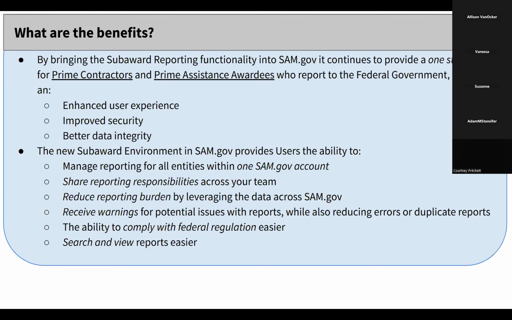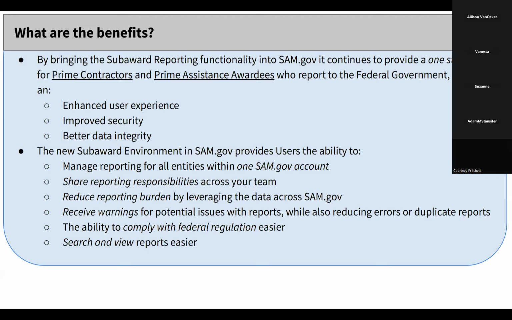We are reducing the reporting burden by leveraging data across SAM.gov. So as I mentioned before, it houses a lot of functionality across all of the IAE or procurement related activities, or assistance related activities. Because all of this is now being stored in the same system and all these functionalities are located in the same place, it allows us to much more easily leverage data across all the various places that data is collected within SAM.gov.